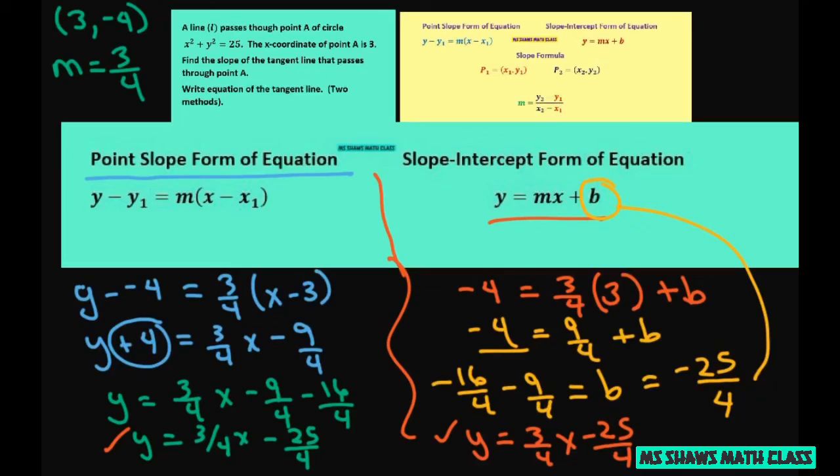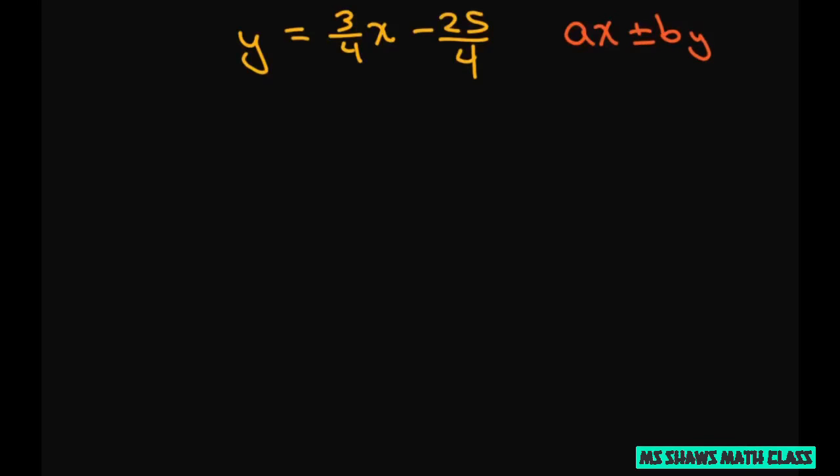Now last thing I'm going to do, and again this is just all for extra practice, I'm going to write this in standard form. So first let me write it out. y equals 3/4 x minus 25/4. Standard form means there's no fractions for the lead coefficients. So you have ax plus or minus by equals plus or minus c. The guy that's out of place is him, so I'm going to move him in front.